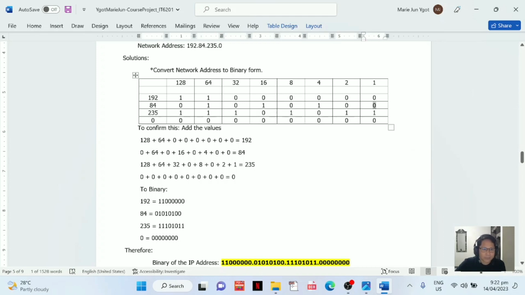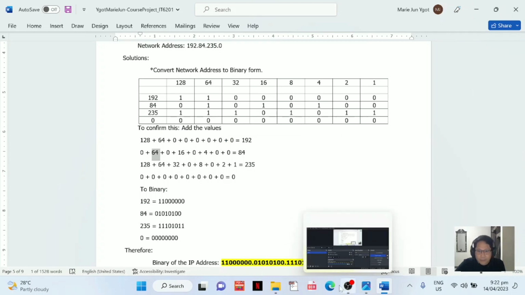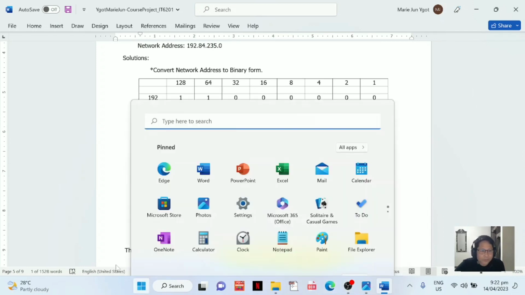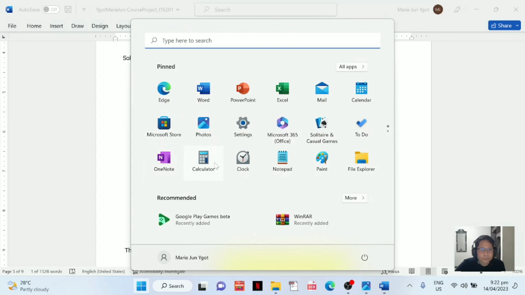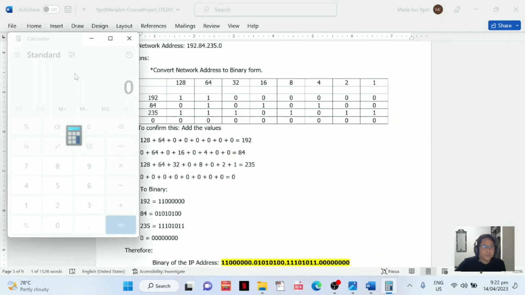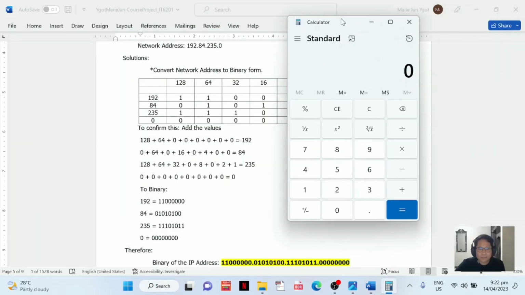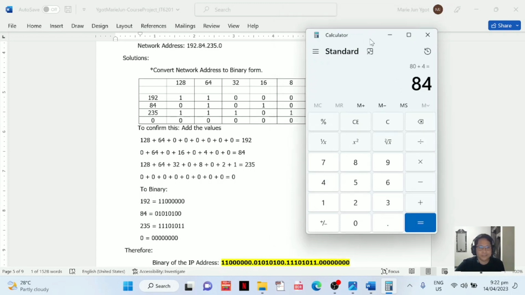So 84, we have 64 plus 16 plus 4, which is equal to 84.